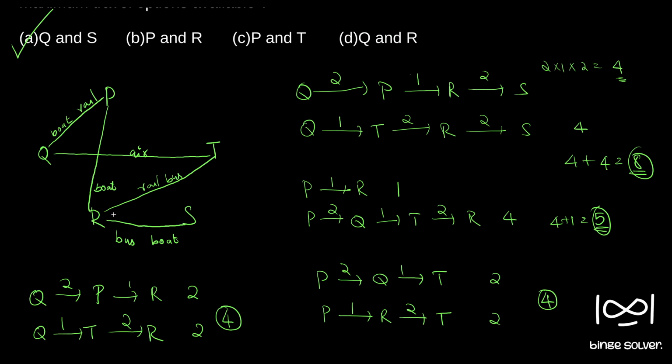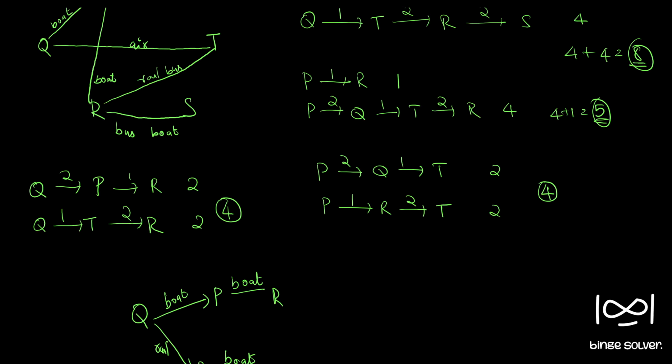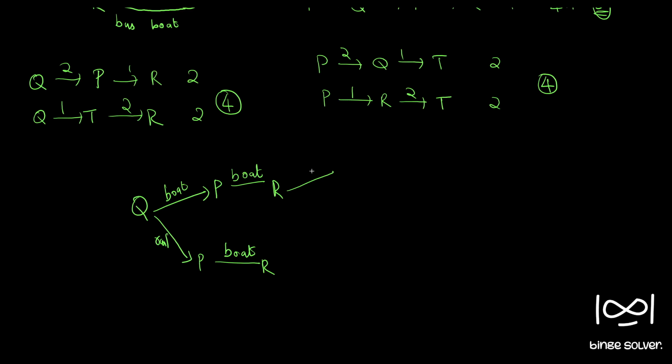So either bus or boat. From R to S there is bus and boat. So further R to S, this becomes either bus or boat. Similarly here, bus, S, boat. So each path is a unique path.